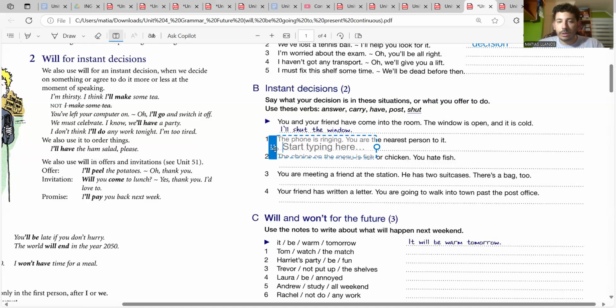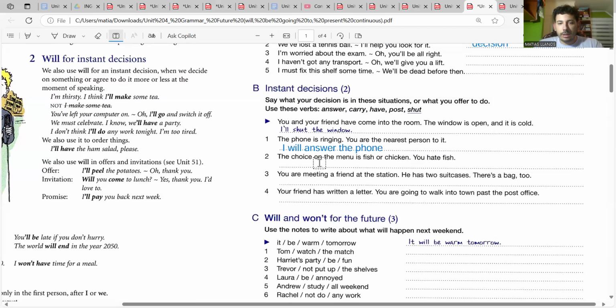Here I have to put myself in the position that this says. The phone is ringing. You are the nearest person to it. So I have to make a decision, and by making a decision, I can say that I will answer the phone, right? Because I'm making the decision.